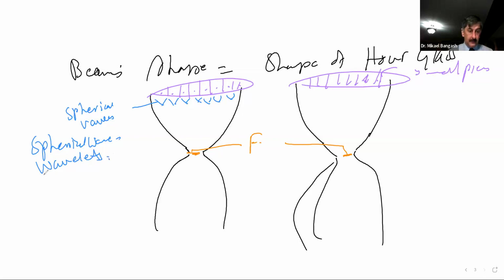And they can also be called fusion wavelets, or simply fusions. Did that make sense?